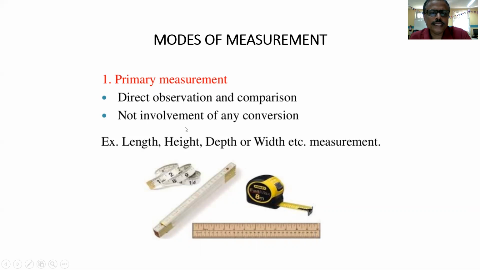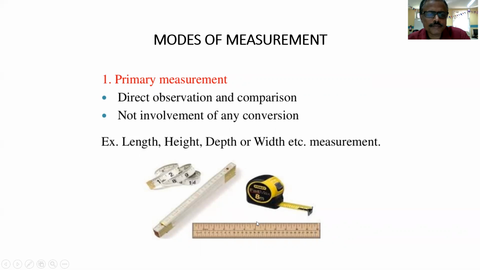There is no involvement of any conversion. Conversion is when one type of variable is converted to another type, and that is not there. So directly you are reading the instrument. Examples: if you want to measure length, height, depth or width, such measurements are referred to as the direct method of measurement.